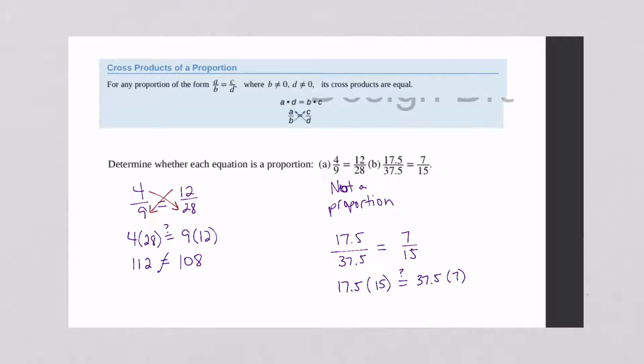I'm going to grab my calculator and type this in. 17.5 times 15, and I get 262.5. And I'm going to type in 37.5 times 7, and I also get 262.5. Those are equal to each other, so I would say yes on part B.